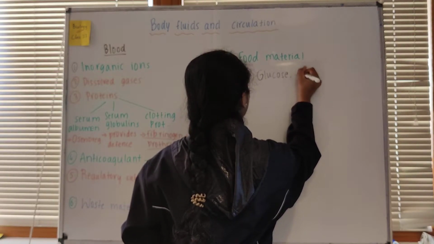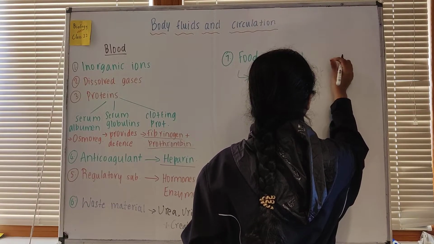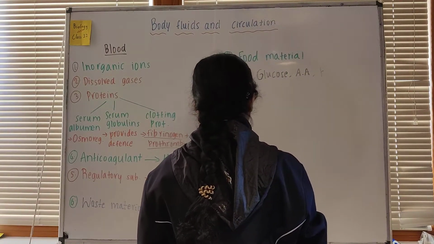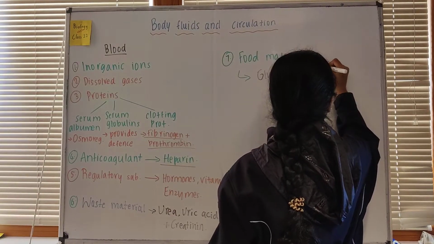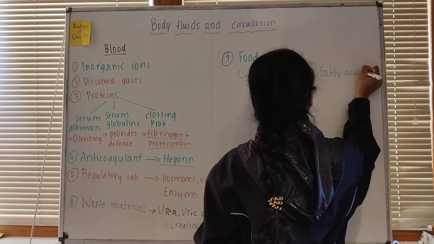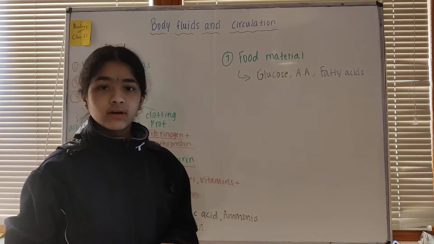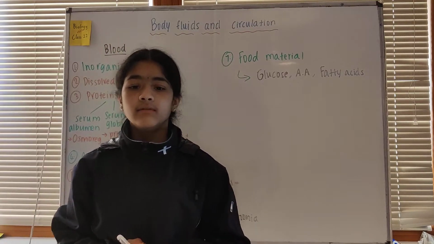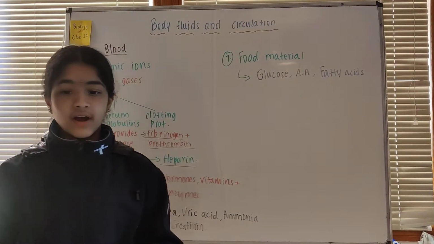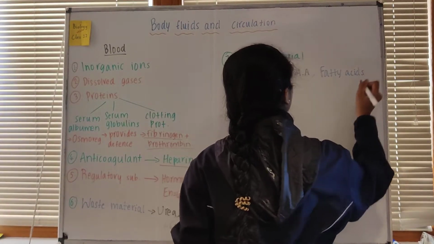Those are the small little units that make up our proteins. We also have fatty acids. Fatty acids make up the fats. So glucose is carbohydrates, we also have amino acids, fatty acids. These are some of the food materials that are also present in the blood.